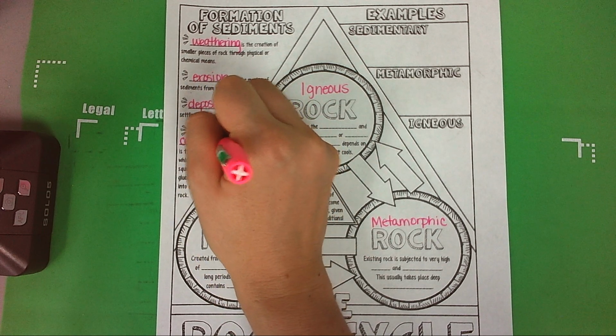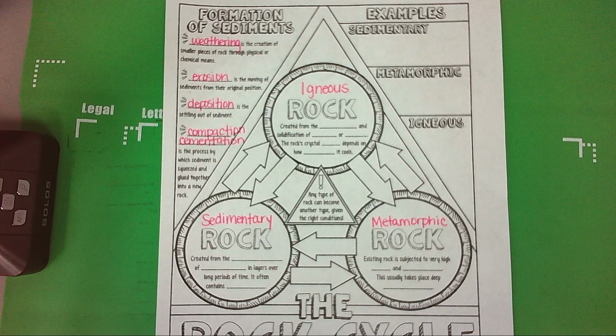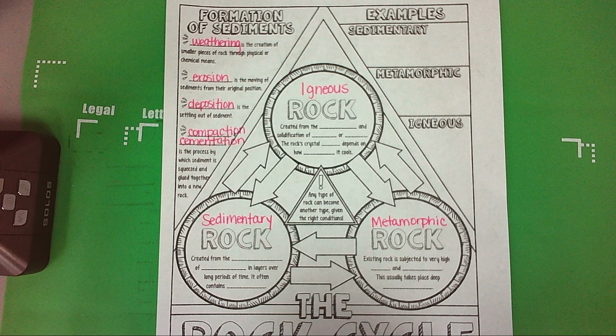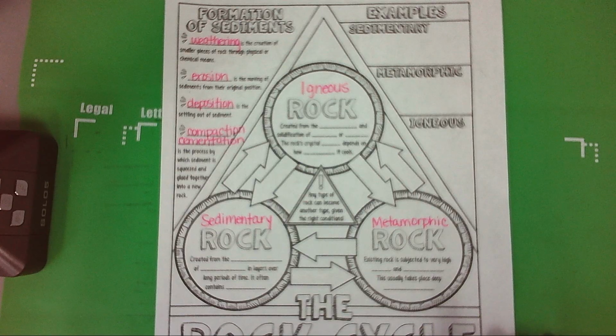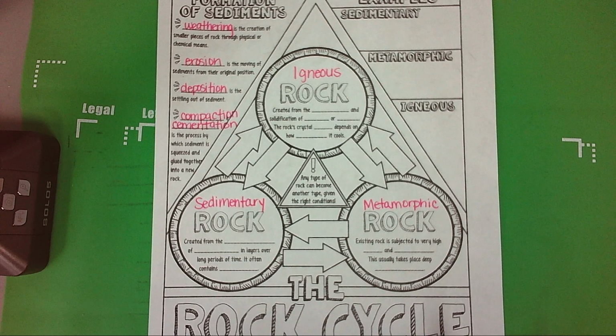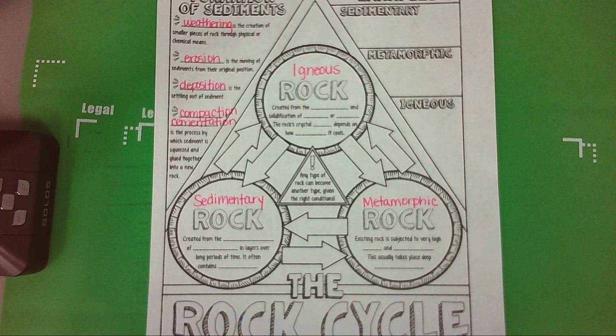So cementation is the process in which sediment is squeezed and glued together into a new rock. All right, so remember, this is a cycle. So this stuff changes. Rock is constantly changing. So the different types of rock really depend on what process they just went through.